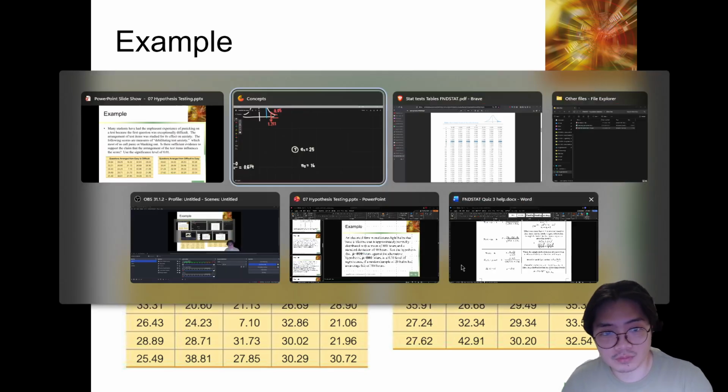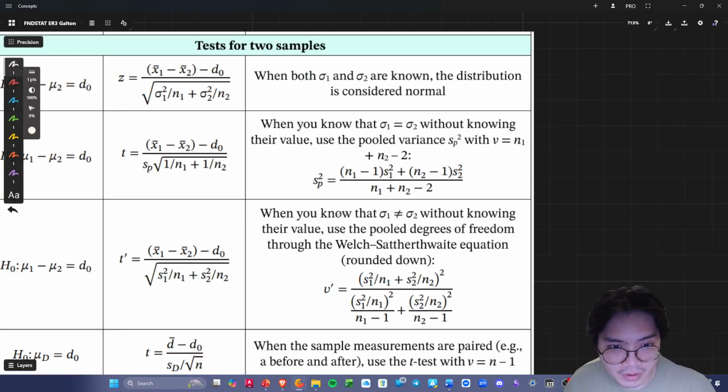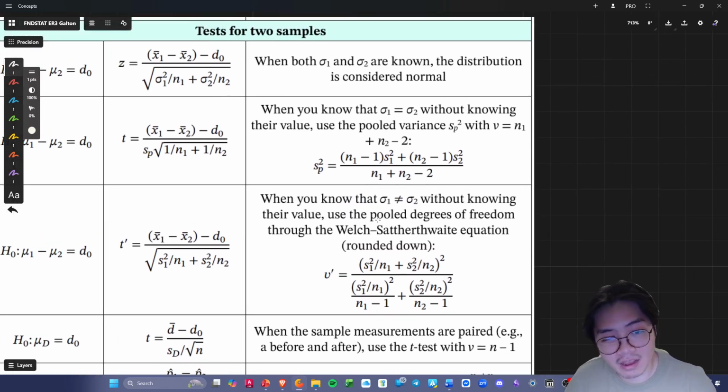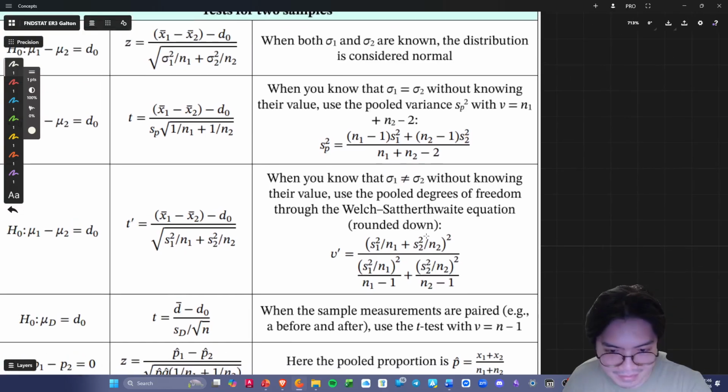Maybe one of them is more spread out than the other. When you know that they are not the same without knowing their values, we can use the pooled degrees of freedom. This looks horrible, but you should have this written down for quizzes. I will print this and give it to you if you would like.